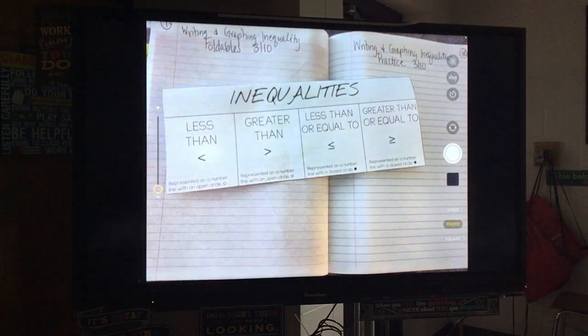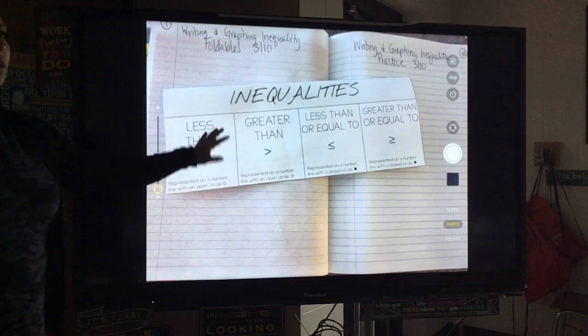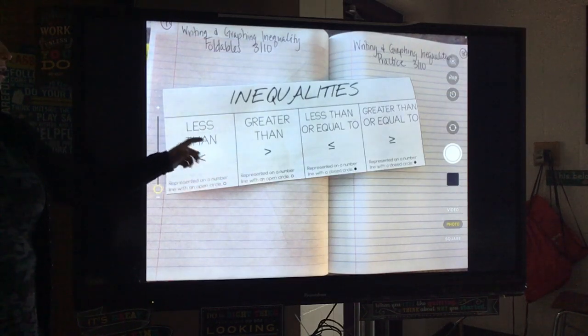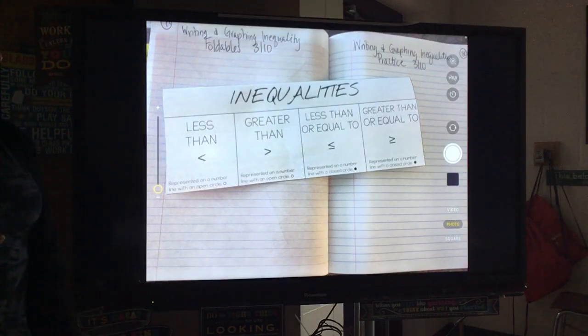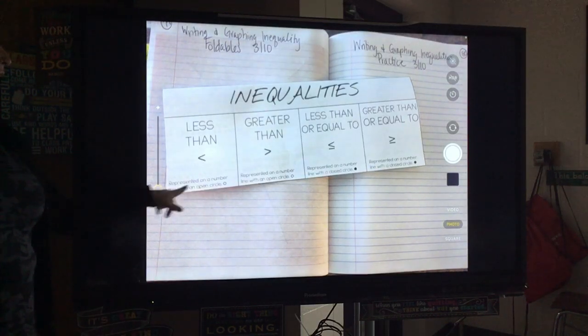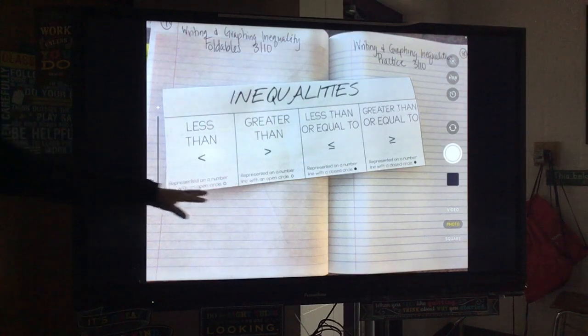Now, if you do not know the inequality symbols, this is a great foldable because it's got all the information you're going to need right on the front of it. So this is the less than symbol, greater than symbol, less than equal to, greater than equal to. And it also has the information about graphing on the bottom.